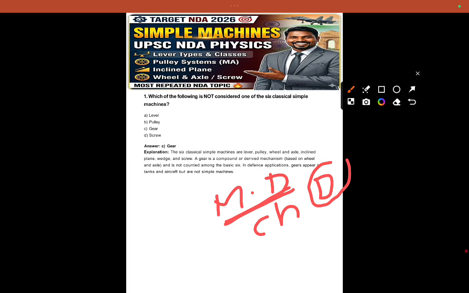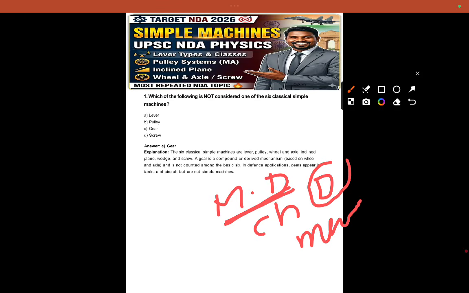In fact, it is a device which is used to do work with less effort. In general, they are simple mechanisms that use mechanical advantage.